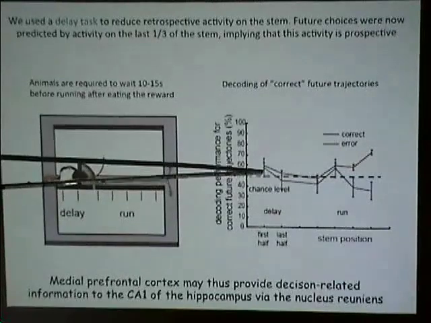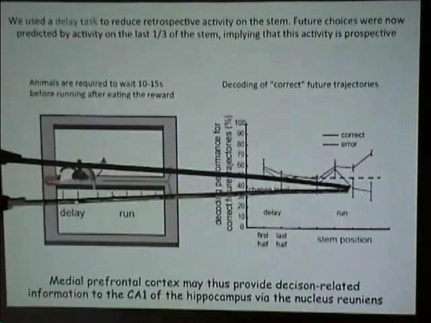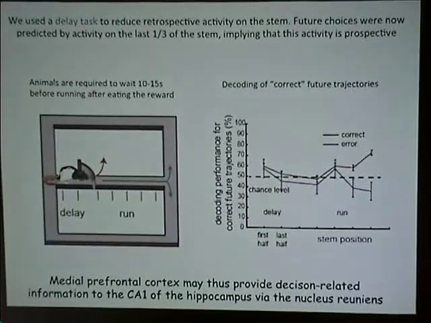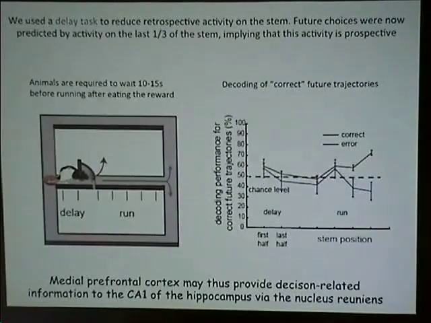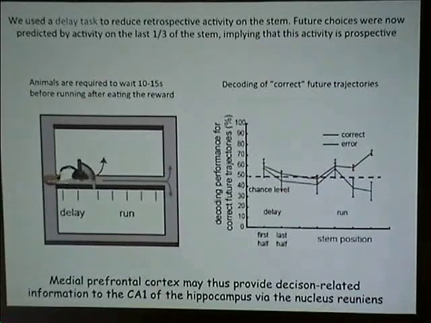But earlier, it's completely at chance, as it is on error trials, which is consistent with the idea that this activity, at least at the end of the stem, is somehow related to what the animal actually is going to do, whether it goes left or right, and that this rate difference between left and right has some connection, at least at the end, to what the animal is going to choose subsequently.